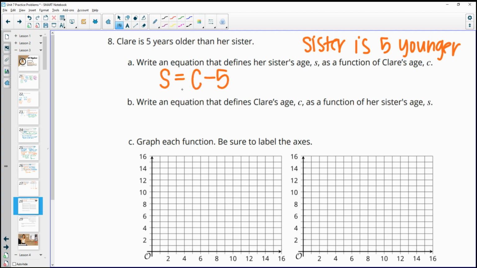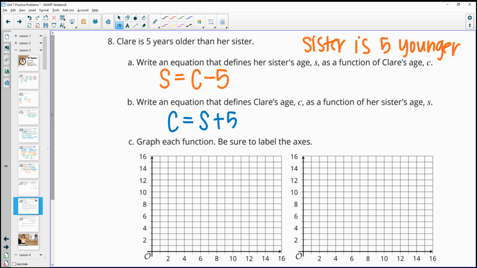And then if we want to write it in terms of Claire, then we want to say Claire equals her sister's age plus 5, because Claire's 5 years older. So we would take the smaller or younger number plus 5 to get Claire, who's older, and vice versa for the other.